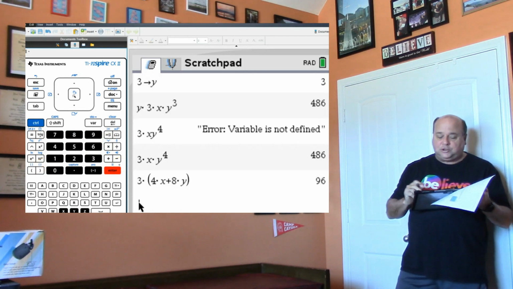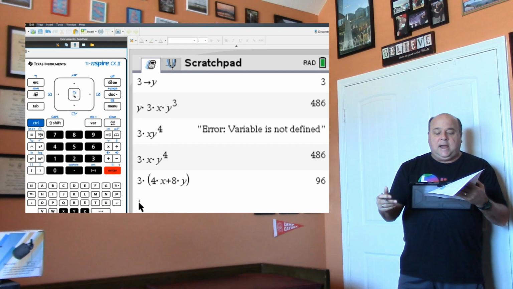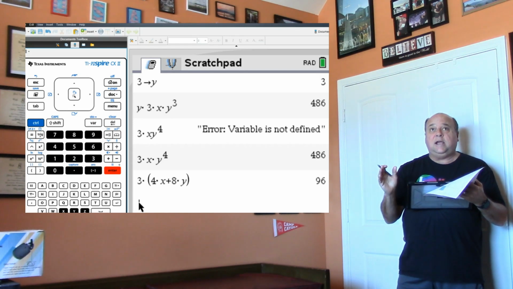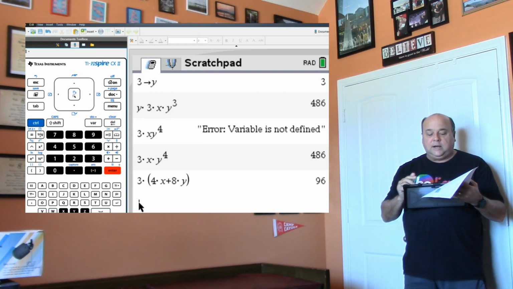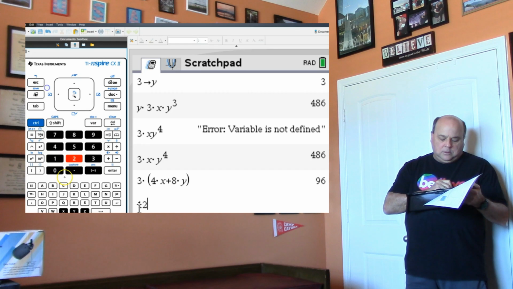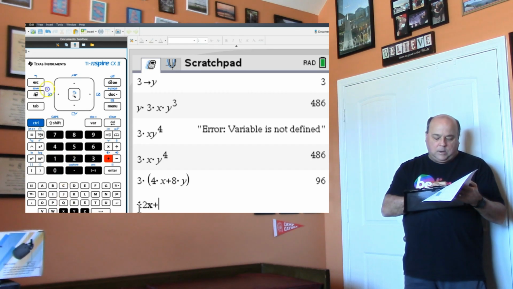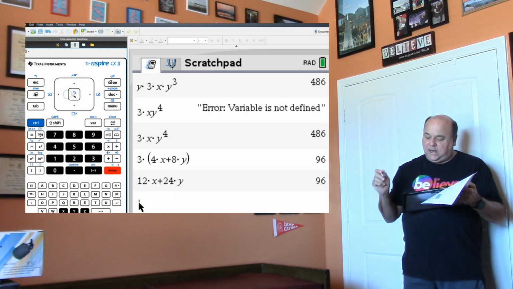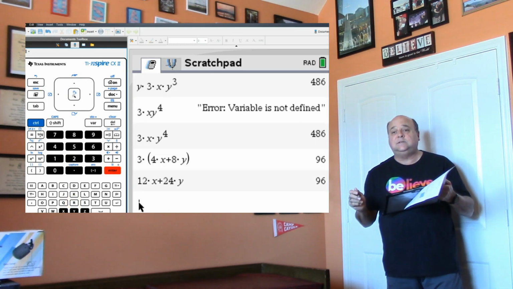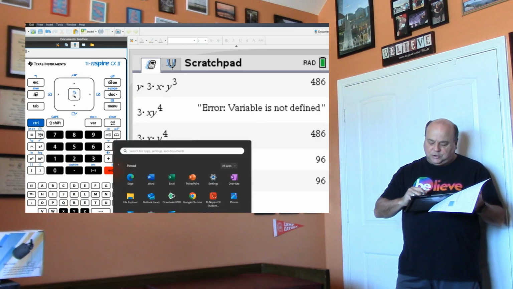So one of these answer choices is 96. And I'm going to notice there's not going to be an exponent in the answer because there's nothing in front of 3. Let's try letter C. Letter C is 12x plus 24y. So I put in letter C, hit enter, and notice it's also 96. So letter C is going to be the answer choice that works.